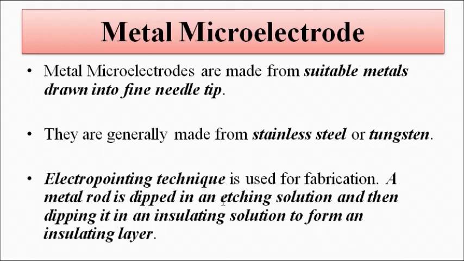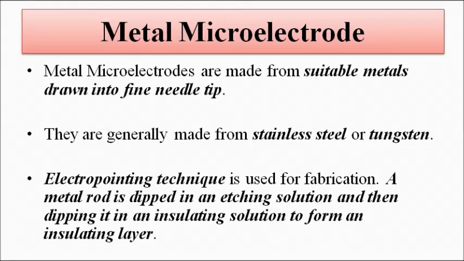In this technique, the metal, stainless steel or tungsten, is dipped in an etching solution, which removes the surface of the metal layer by layer, up to the point where we get the required shape that we want.